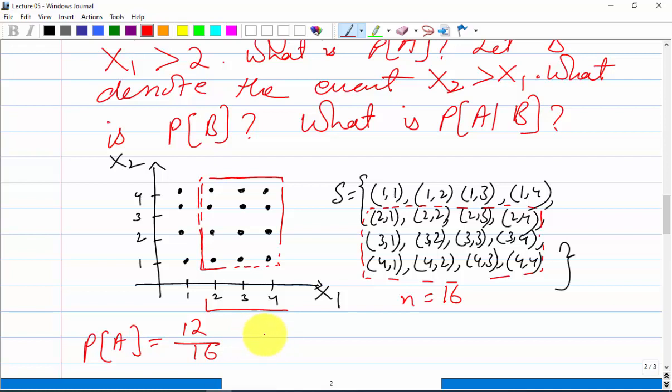Now what event B says is that x2 is greater than x1. Here x2 and x1 are the same, so we leave those. Here x2 is greater than x1, so I will circle these in another color. This is 2 1 and 3 1, where x2 is greater than 1.